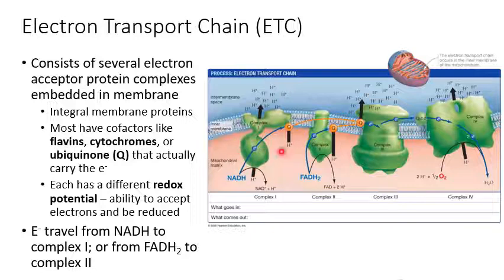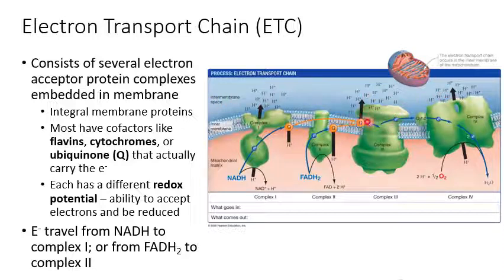So that's why on the complex 1 side of things, your cofactors will have a lower redox potential. Then as the electrons hop from cofactor to cofactor and move from complex to complex, they're going to start losing energy. That energy is going to be used to pump protons, or hydrogen ions, across the membrane, setting up a concentration gradient for protons across this membrane.